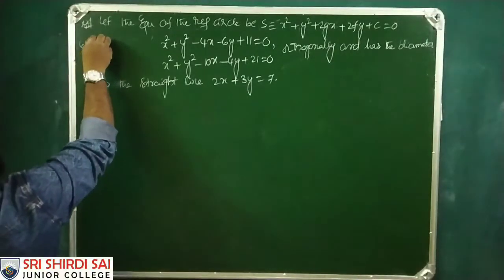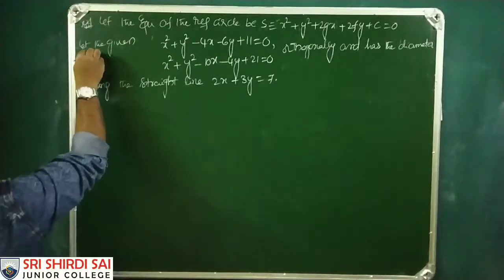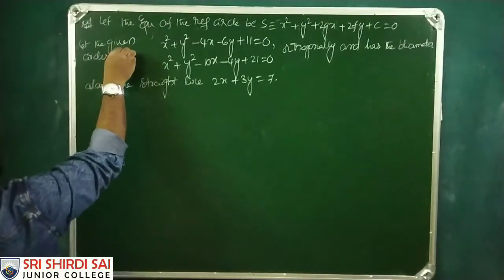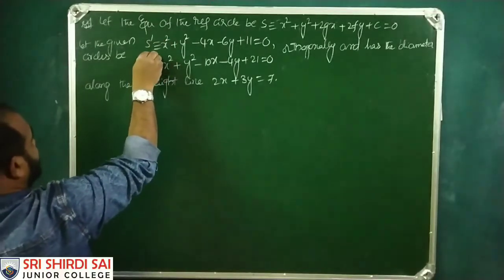Let the given circles be s dash and s double dash.